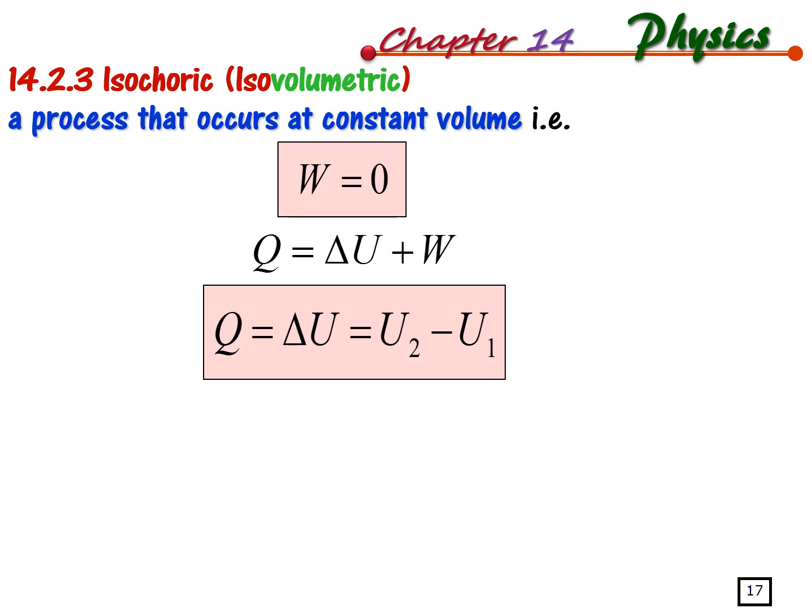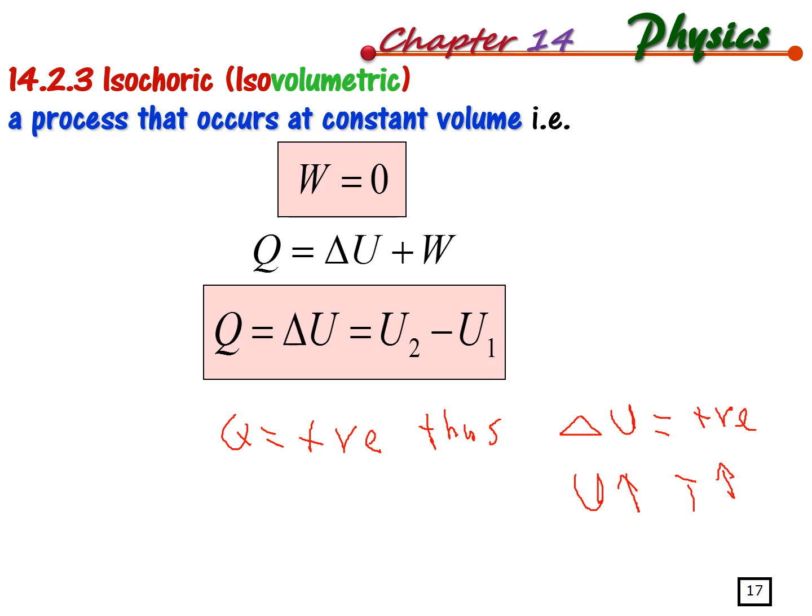During this isochoric process, when you supply heat to the system, Q is positive. You supply Q positive, thus delta U is also positive, which means that U is increased. Then the temperature also increases.